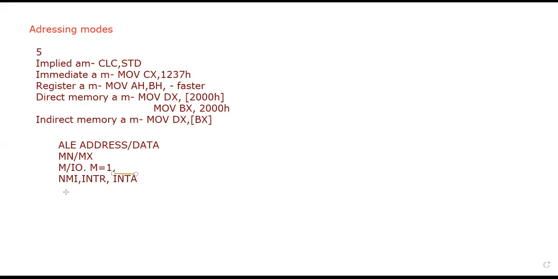NMI is a non-maskable interrupt. Whenever it occurs, it has to be responded to by the device. Next are interrupt request and interrupt acknowledgement, which are interrupts where it will ask for acknowledgement. If you say yes, then only it would be activated, otherwise it will postpone, just like a notification for restart.